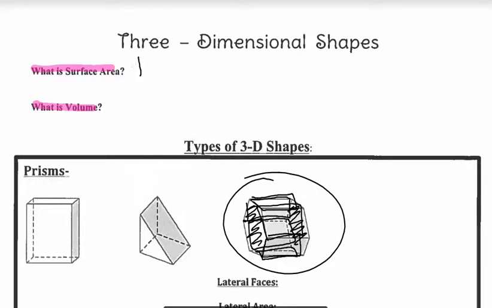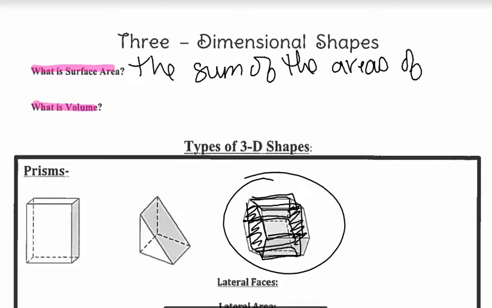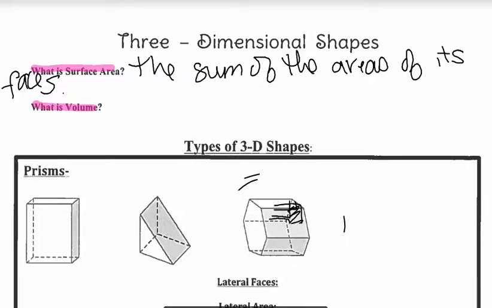So surface area is the sum of the areas of a shape's faces. Sides of a 3D shape are called faces. Those are all called faces.